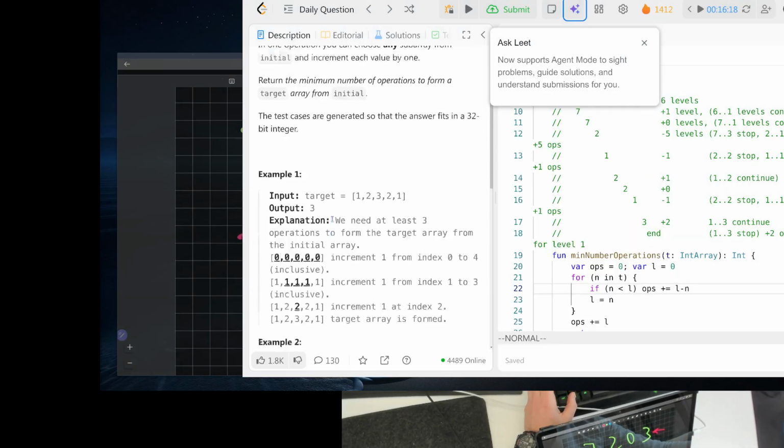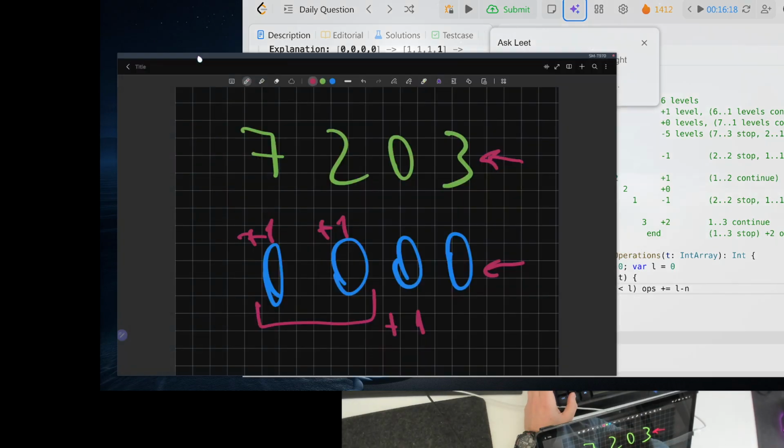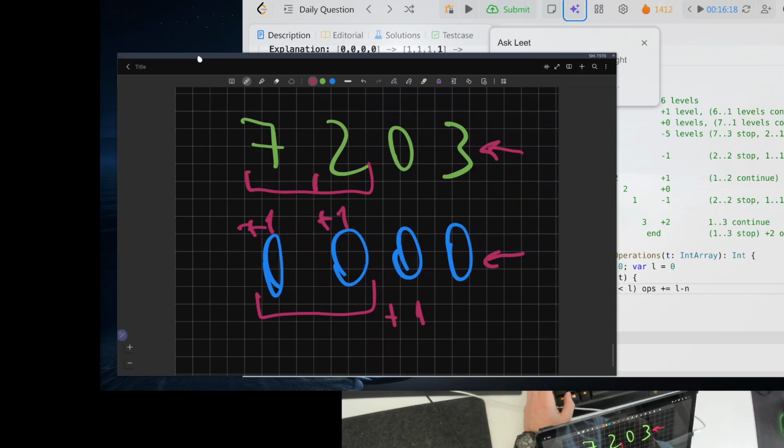Look at the problem size. It has a length of 10 to the power of 5 and 10 to the power of 5 individual targets. So we can't just brute force and choose any subarray randomly, or I don't know how you can brute force.